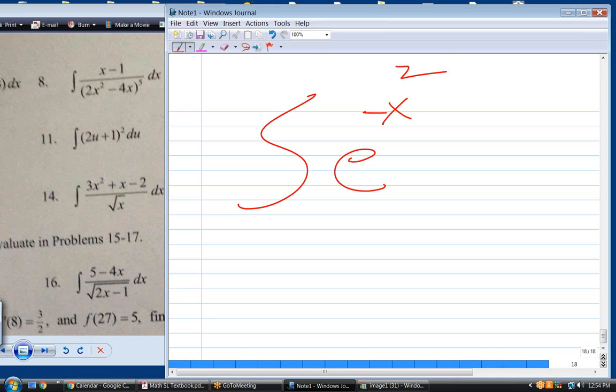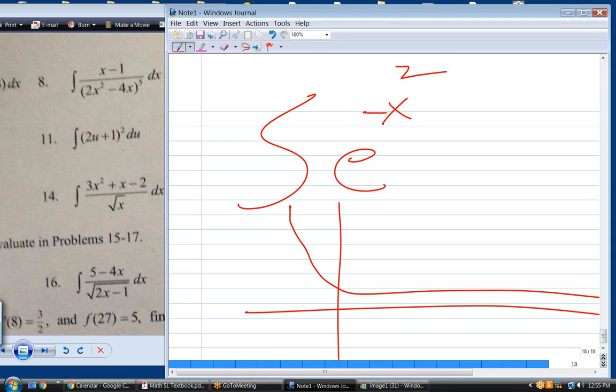Okay. If I'm looking for an antiderivative and one doesn't exist, well, integral means area under the curve. Okay, well, this curve maybe looks something like that. So there has to be an area under that curve.